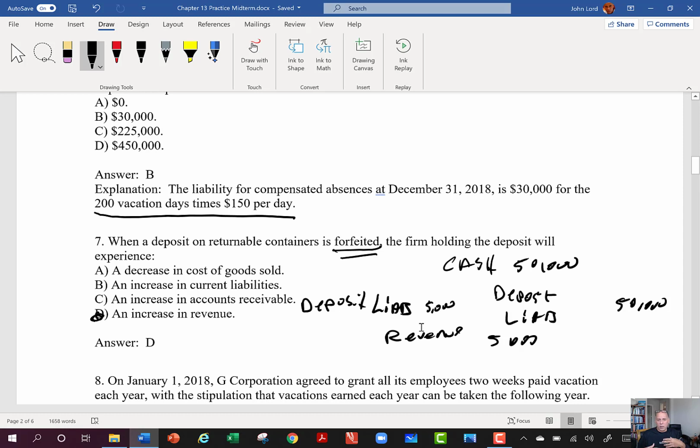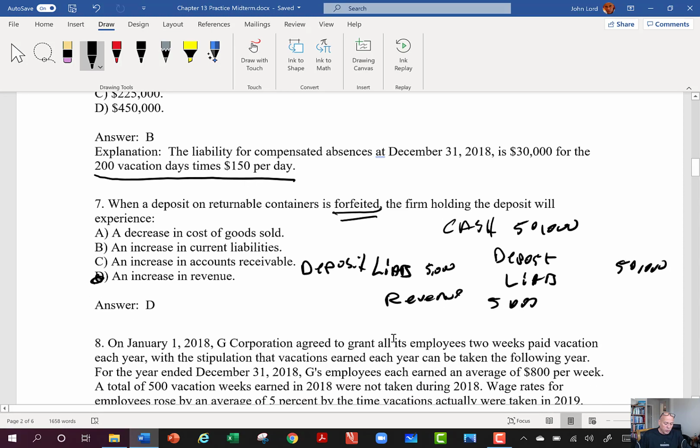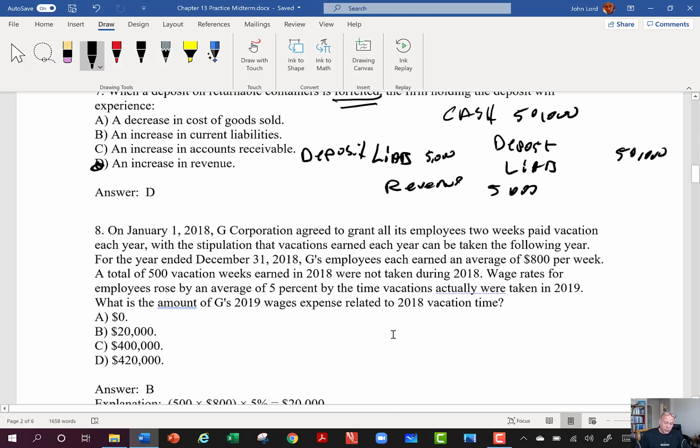And I can go on with notions of how we would recognize revenue from a non-refundable deposit, a partially refundable deposit, etc. It really depends on the terms of the contract that you have with them. And then, of course, in a testing situation, you'd have to read the question carefully to understand what the terms are and recognize the revenue, or the return of the deposit, accordingly.